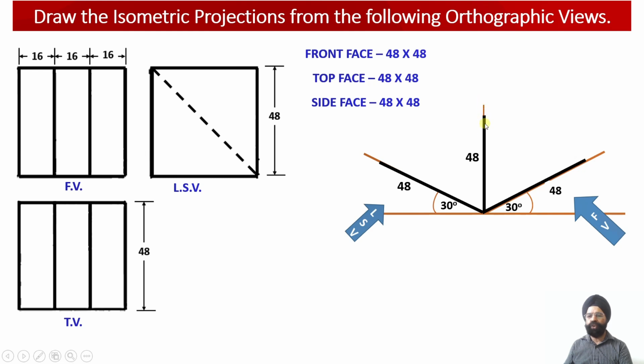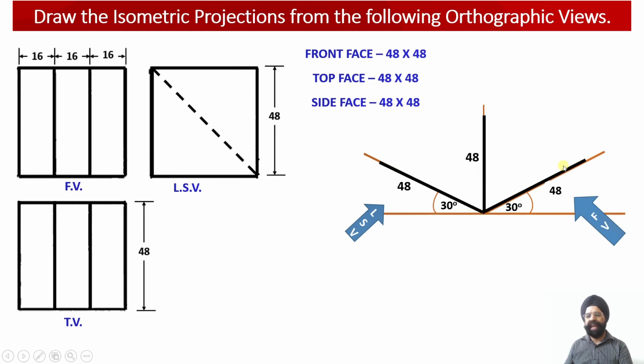So this is the isometric Y axis and this is the isometric Z axis over here. So within this YZ plane, we are going to carry out the construction of the front view of this object, and the top view will be drawn within this plane, that is the X and Z plane over here.